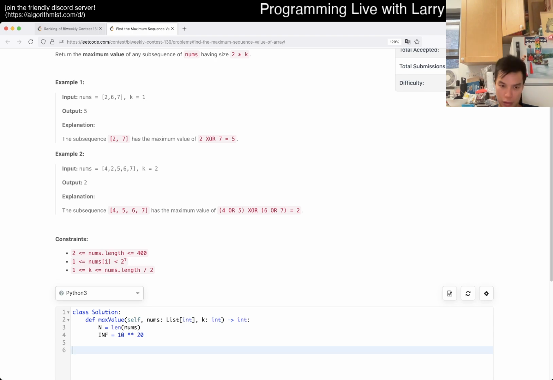Is there a pigeonhole thing? 128, no. And the counts matter because, oh no, they're or, so they don't.